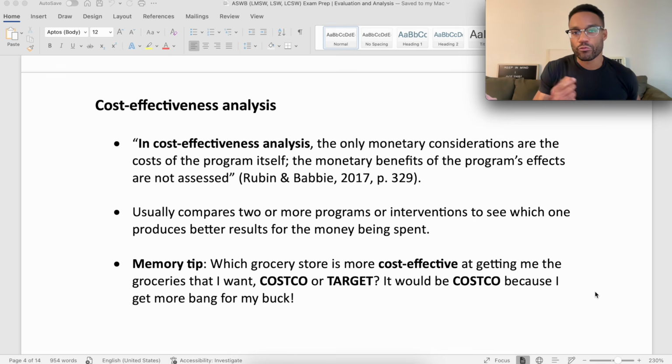So which grocery store is more cost effective at doing our grocery shopping? Well, it would be Costco because we get more bang for our buck that's spent. And when we're doing cost effectiveness analysis for programs or interventions, which program gets us more bang for the dollar that's being spent?